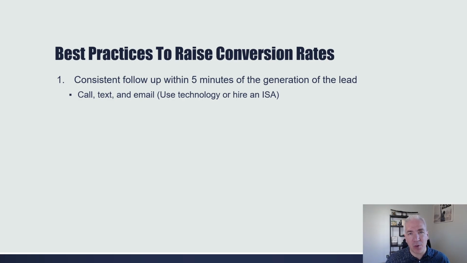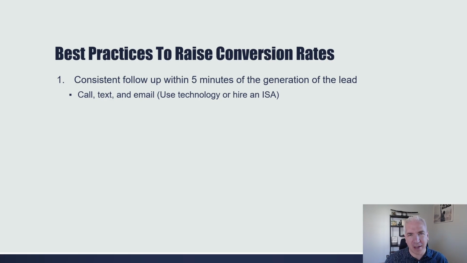Now, in the times where you're not available to contact them right away, we highly recommend using technology. So having some kind of a CRM, some kind of a follow-up system, or hiring an ISA, an independent sales agent. That's obviously an optimal situation. Of all the different ways of contacting people, call, text, email, we have found by tons of experience and tons of data that text messaging is by far the highest response rate.